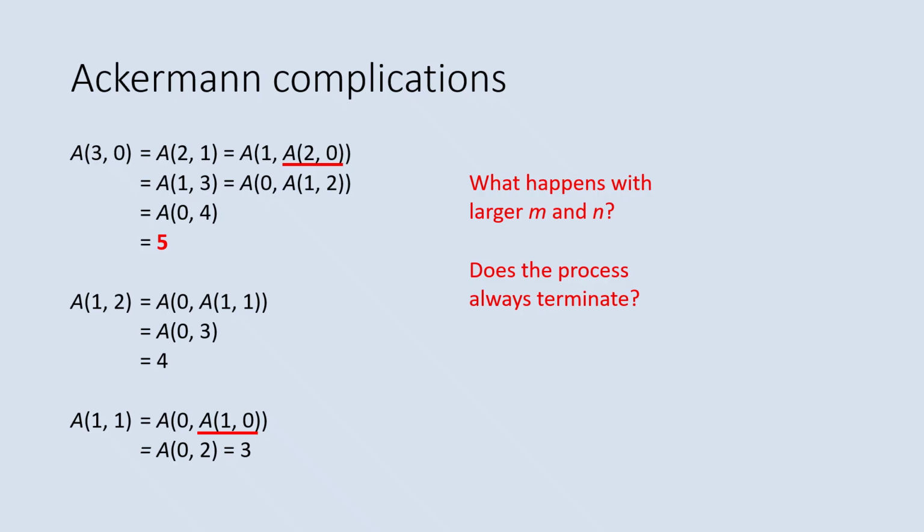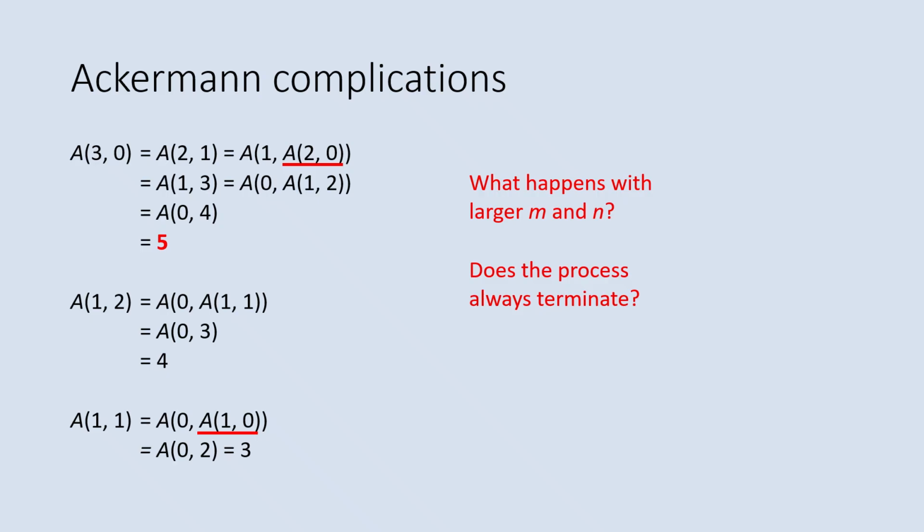I'm giving it away partially. Yes, it will always terminate. At least theoretically, we may run out of time for large values and so on. But how do we know that this process is going to terminate? So think about the definition and see if you can figure out how we know that it will not just continue on forever.